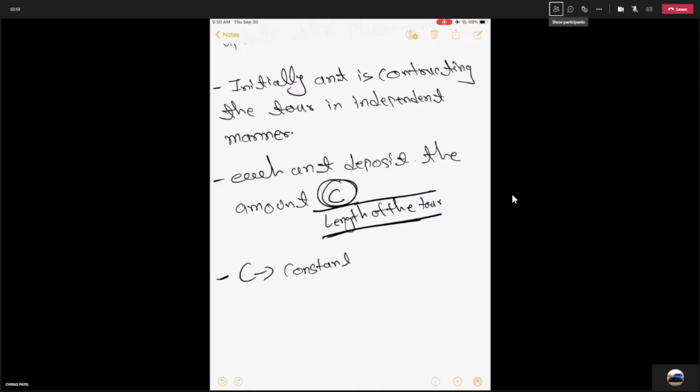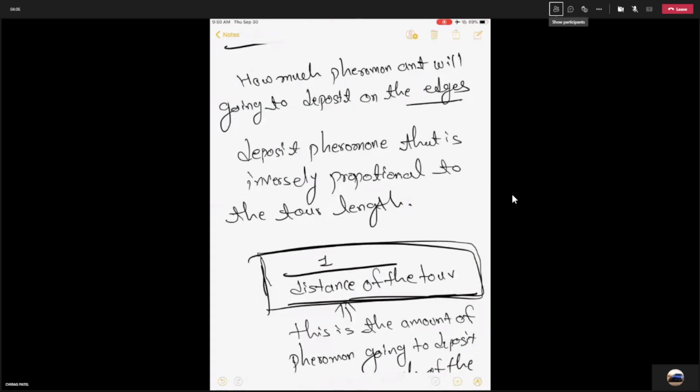We can see C being constant because if you think about it, if we deposit 1 upon the distance of the tour, what will be the values of it? Has anybody thought about it? Why we need to take an appropriate constant and we are dividing it by the length of the tour? If we do not divide, then what will happen? That we need to understand.